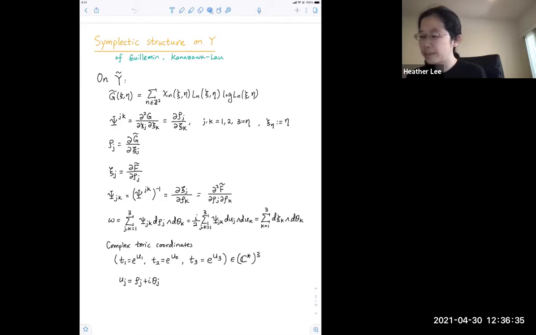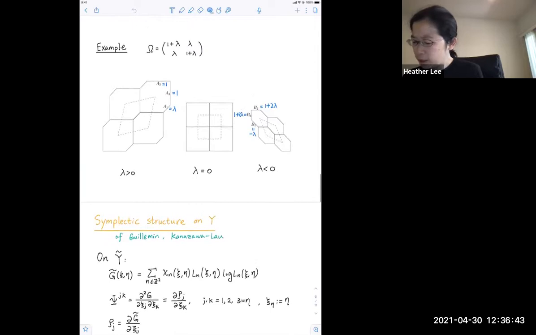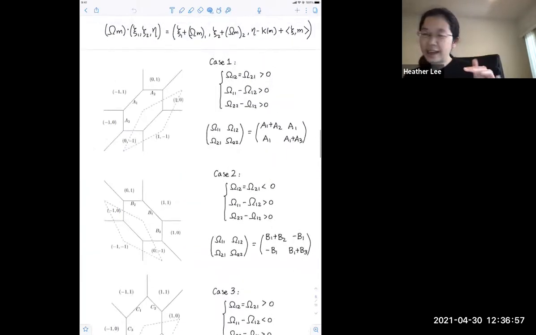So this symplectic structure is just constructed via symplectic reduction. But for us, on this Y tau, we're going to construct the symplectic structure on the Y tilde. The Y tilde was the pre-image before the quotient, so that's going to be a manifold of infinite type.